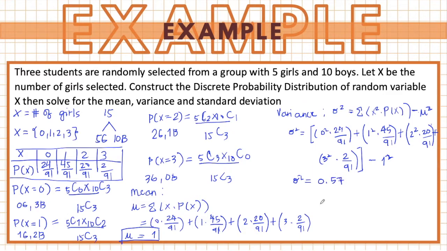And then to solve for the standard deviation, we just have to get the square root of the variance. So standard deviation is equal to the square root of 0.57, and the square root of 0.57 is approximately 0.75.